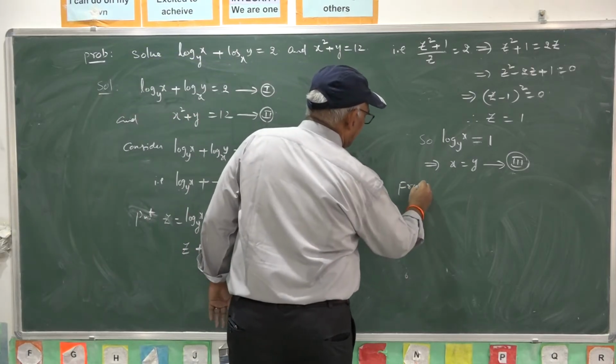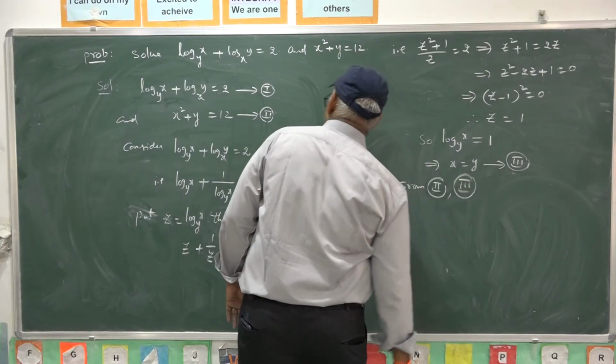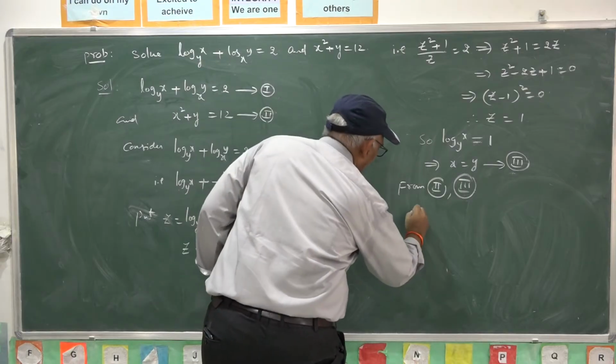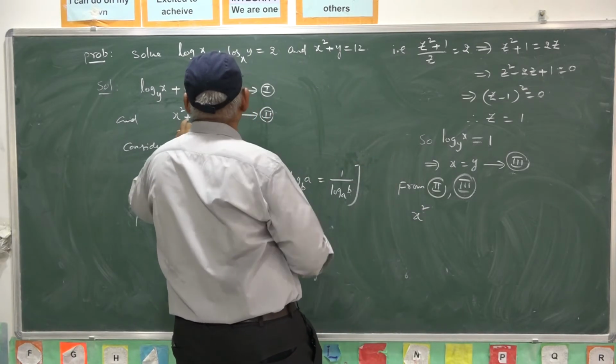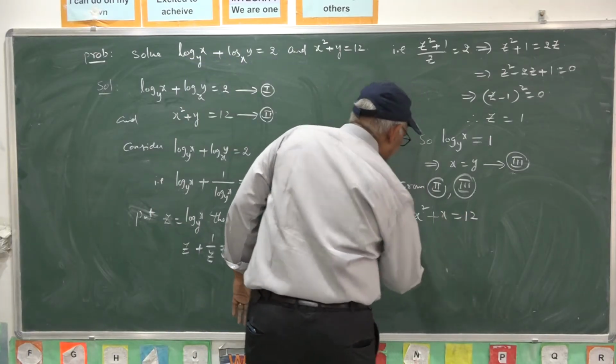Now from 2 and 3, replacing y with x, x square plus x equal to 12.